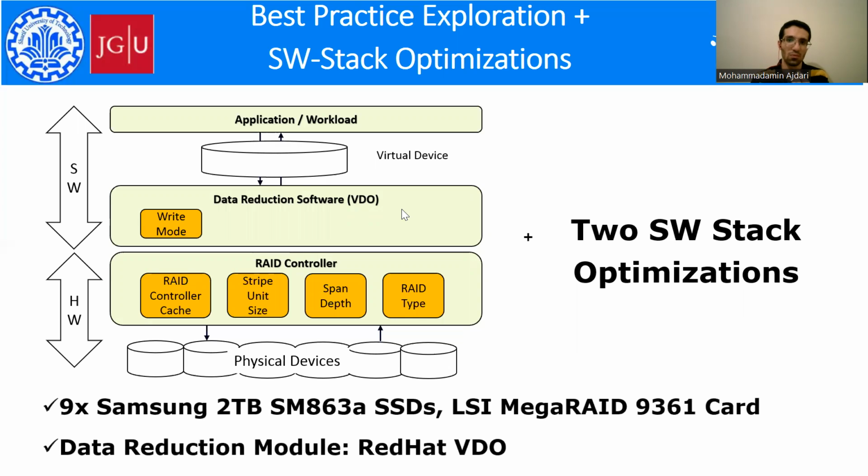As system setup, we use 9 Samsung SM863A SSDs, a MegaRAID 9361 RAID controller, and as applications, we use synthetic workloads and real workload models with Rhinebound and VDBench, the popular IO benchmarking tool.